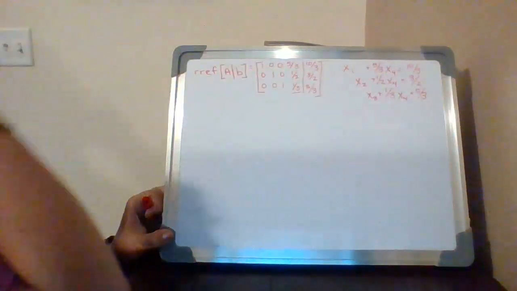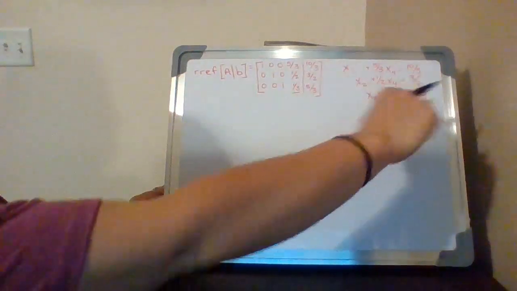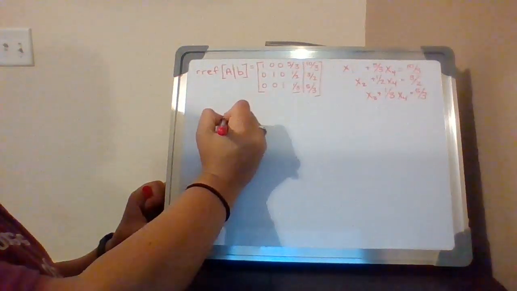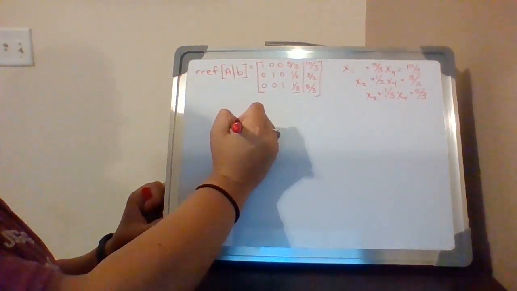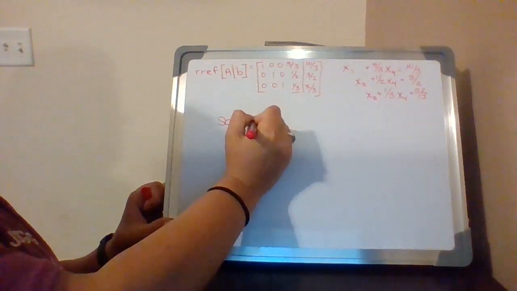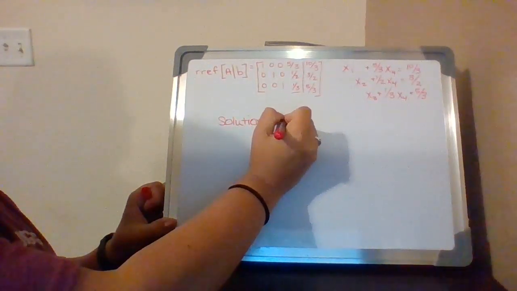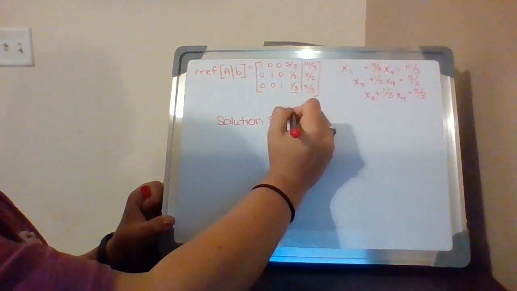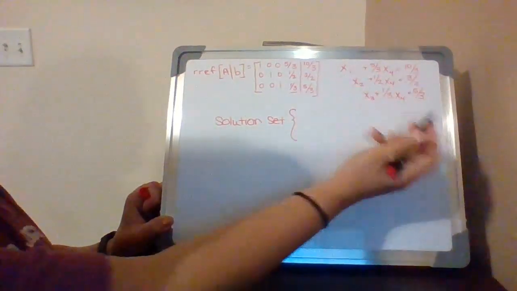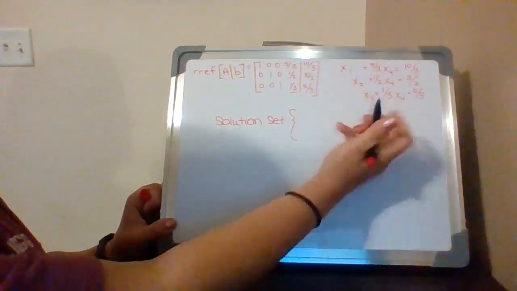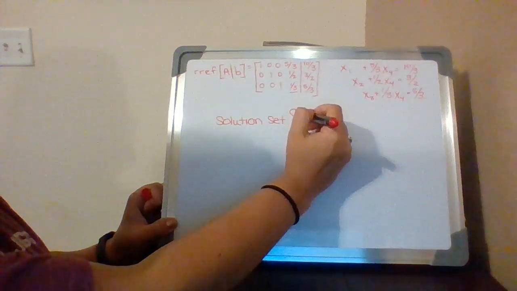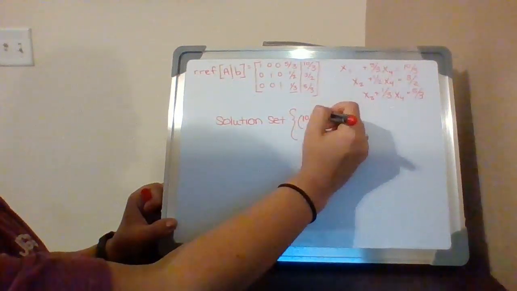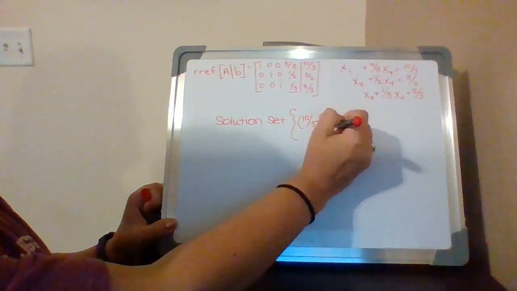So basically we get our solution set from our new set of equations here, where we solve them for each variable. If we solve for x1, I get 10/3 minus 5/3 x4.